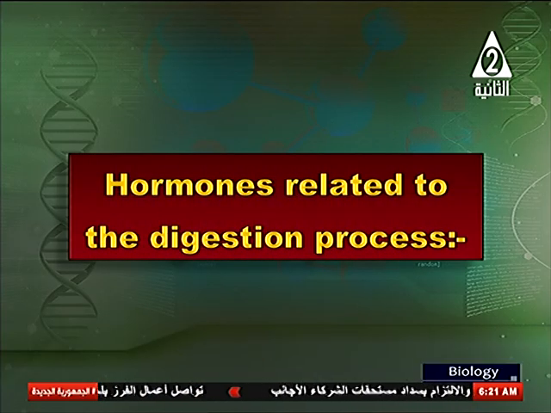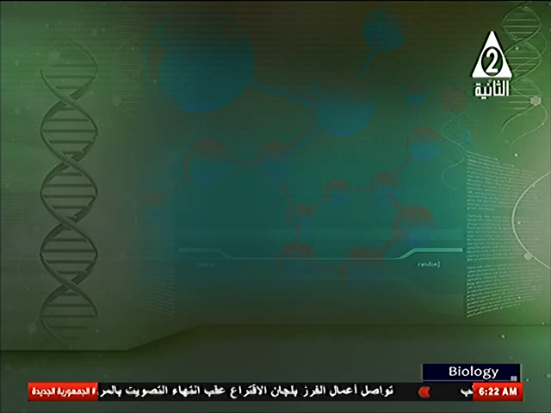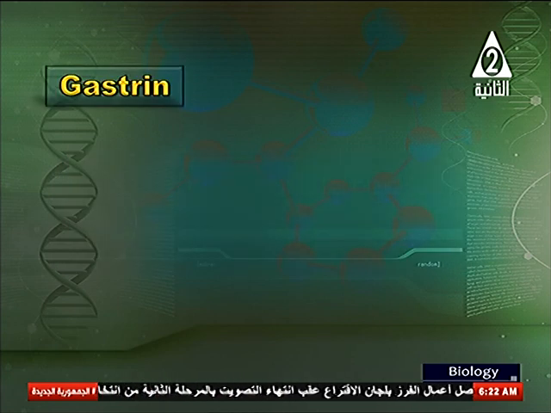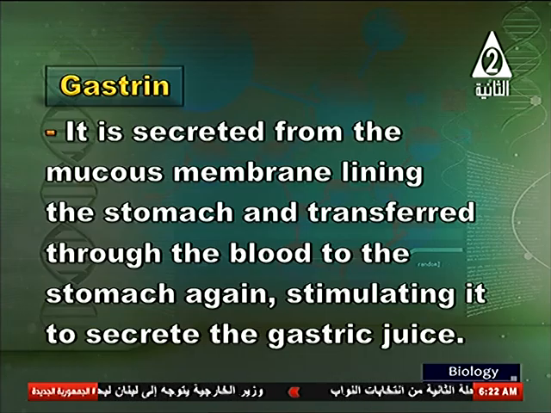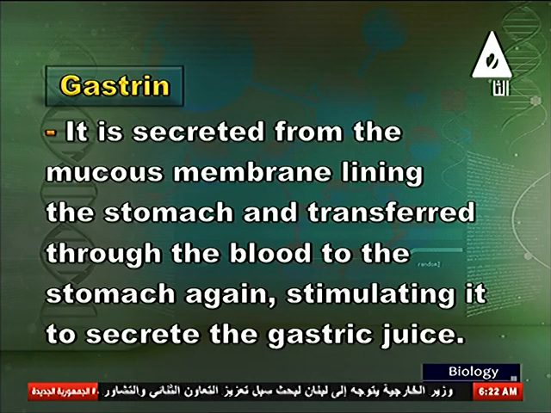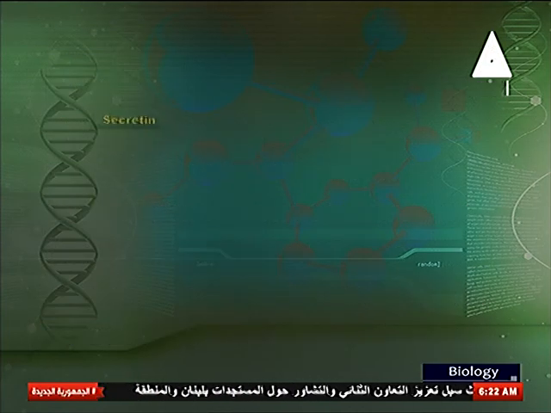Okay, let's make a quick revision about hormones related to the digestive system or digestion process. Gastrin is secreted from the mucous membrane lining the stomach and transferred through the blood to the stomach again, stimulating it to secrete gastric juice. Secreted from and stimulating the same organ.